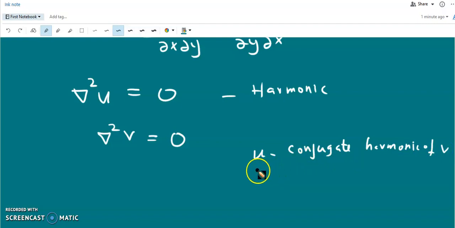So if u plus iv is analytic, u and v should satisfy the harmonic equations or Laplace's equations in 2 dimensions. And the theory of harmonic functions is generally called potential theory.